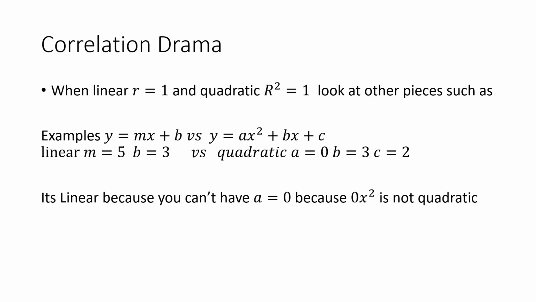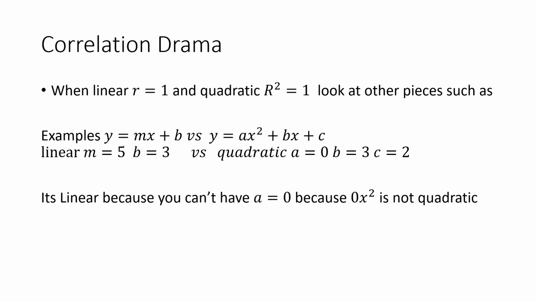Moving on. Correlation drama. Some of you students caught on to this. I didn't pay attention to this, so I want to thank you guys for pointing something out to me. So sometimes you have linear and quadratic both have 1 as the correlation.